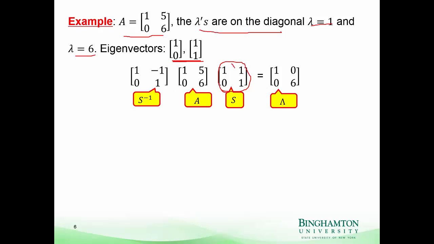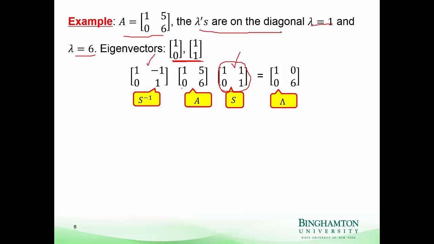Well, if we look carefully at this, it looks like an elimination matrix for doing reduced row echelon form, where we're trying to eliminate something above the diagonal. So we know what its inverse looks like. All we got to do is negate that one number above the diagonal. Or you could use any of the methods we've talked about earlier for finding the inverse.